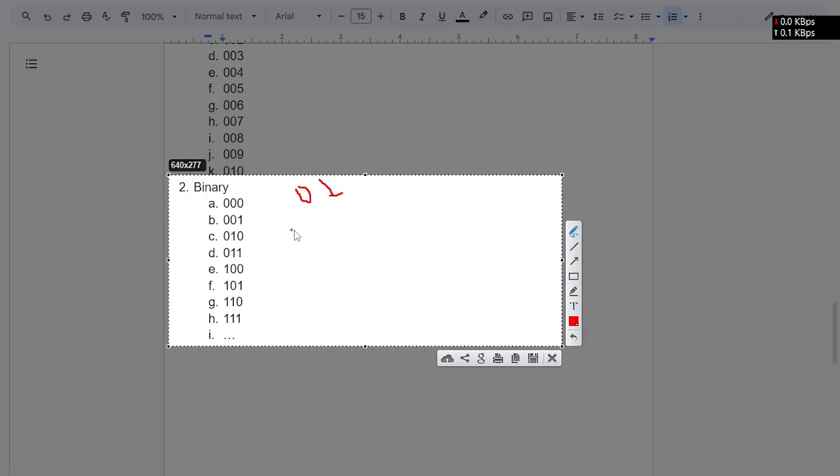So in the decimal number system, when we have 0 9, we had to reset this number to 0 because this was the largest digit in the decimal number system, and 1 is the largest digit in the binary number system.